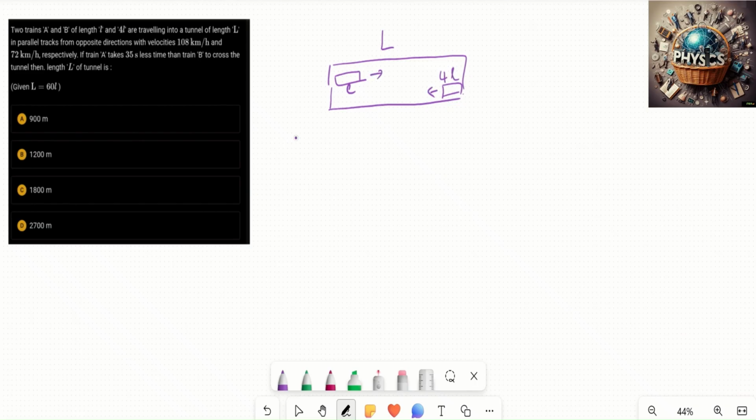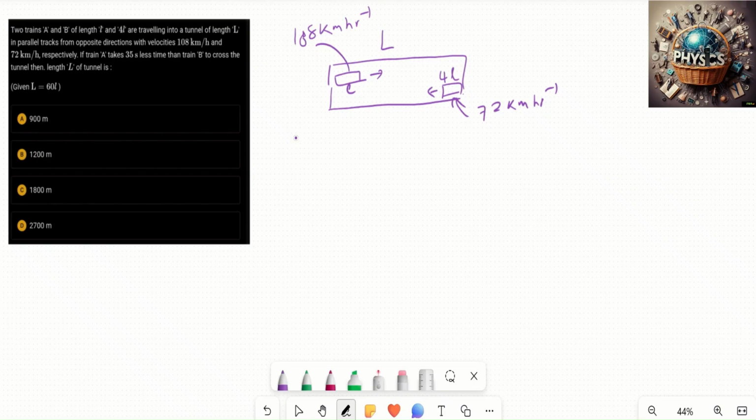The speed of train A is 108 km per hour, and the second train is 72 km per hour. It says that the time taken by A is 35 seconds less.